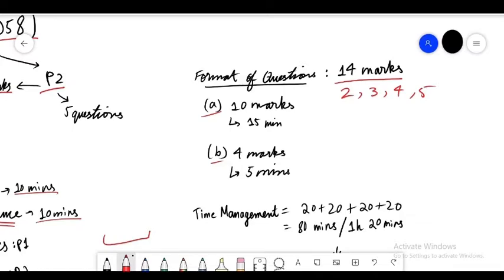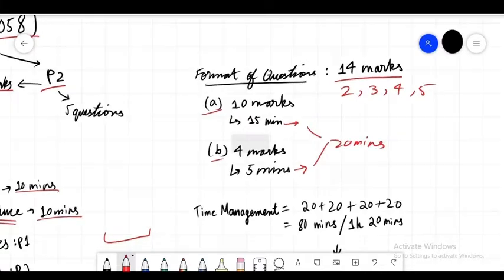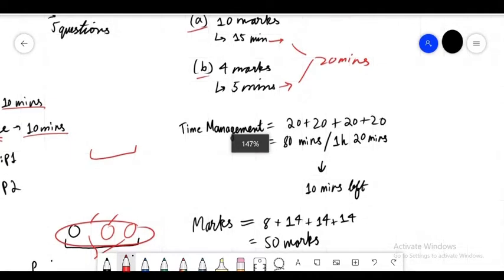Part B is relatively, in fact a lot, shorter. It carries 4 marks, and ideally you should spend 15 minutes on part A and 5 minutes on part B, so 20 minutes collectively.